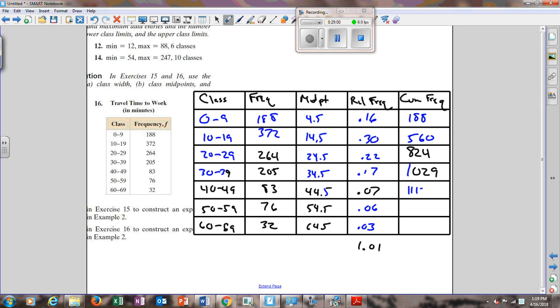Then 1112. Then 1188. And 1220. All right, moving on.